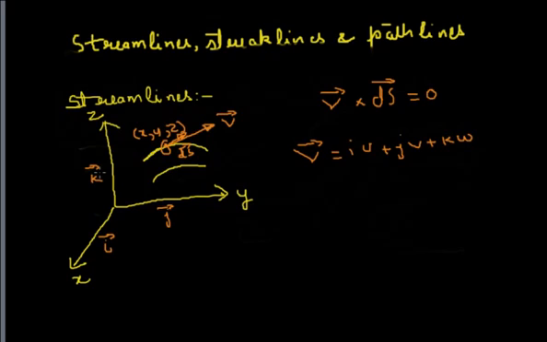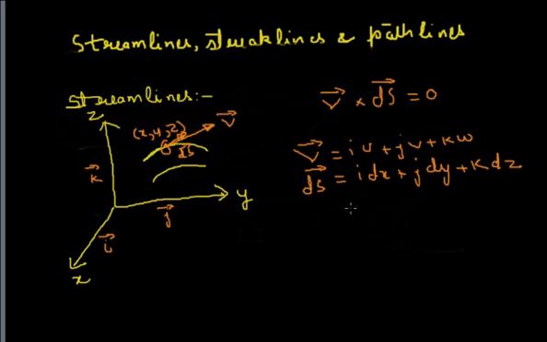So similarly you can write the displacement vector ds as i dx plus j dy plus k dz. So if we take the cross product, then you can write in the determinant form in this way.